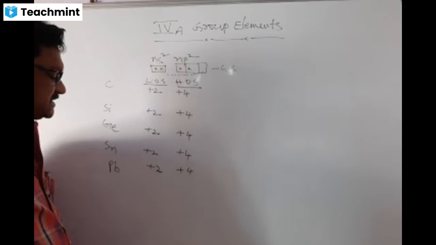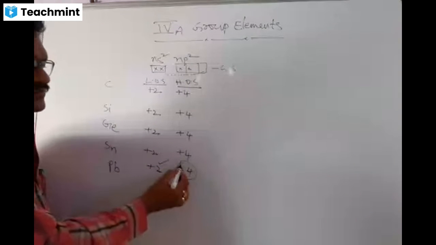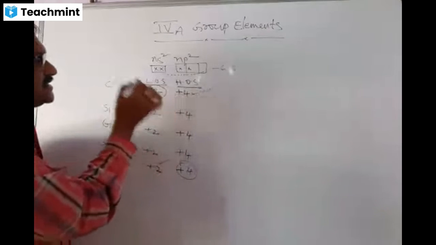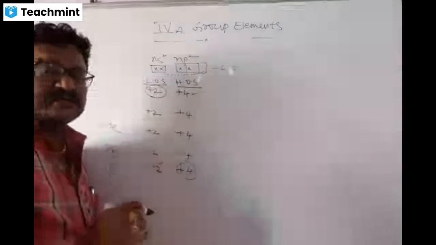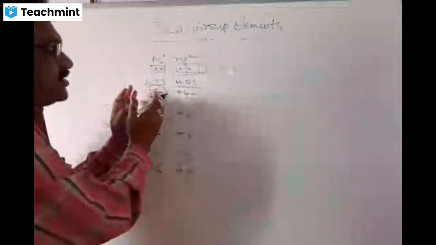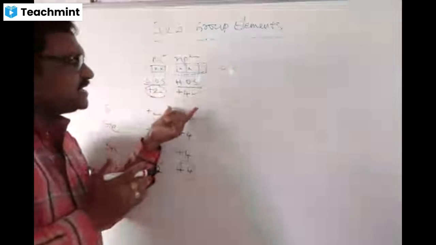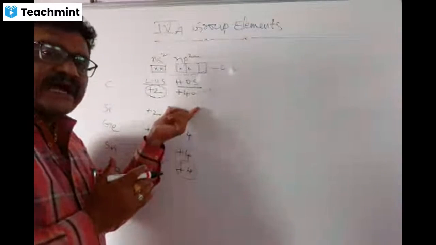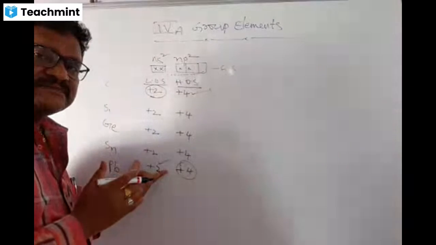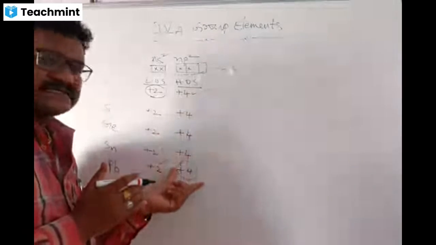Lead is stable in plus 2 but unstable in plus 4. Carbon is stable in plus 4 but unstable in the lower oxidation state, plus 2. Lower oxidation state compounds act as reducing agents, and plus 4 compounds act as oxidizing agents. Reducing character increases down the group, and oxidizing character decreases.